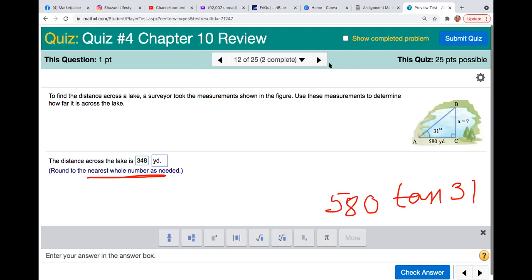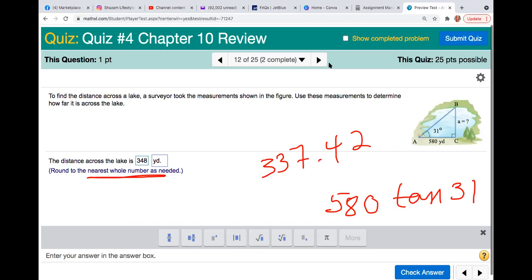Mine is 337.42945. Say the first three numbers again. It's 337, and then it's 0.42945.